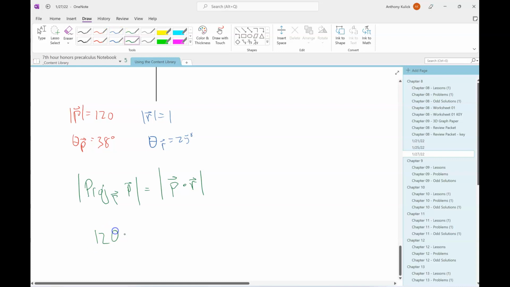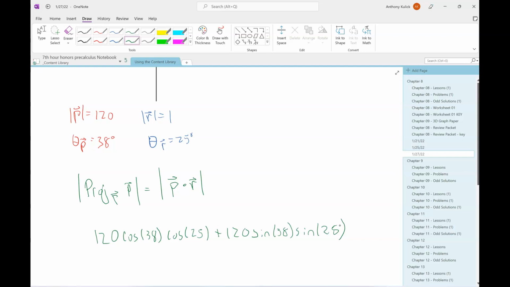So that's going to be 120 cosine 38 times cosine 25 plus 120 sine 38 times sine 25. All I've done there is skip writing out the vectors P and R in component form. I just used the magnitude. It was right there for me.